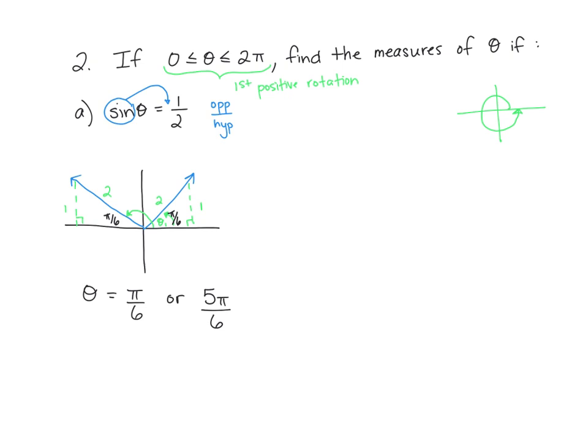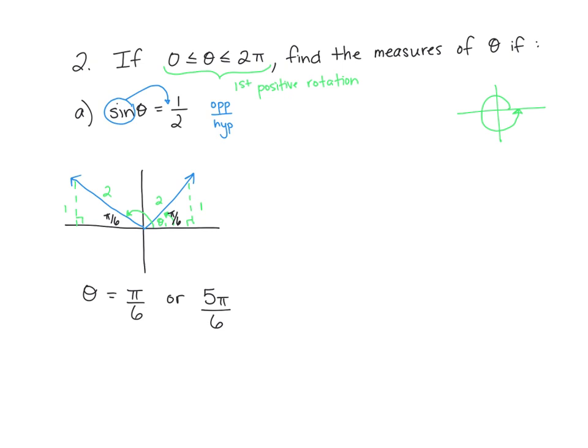So there are two possible angles that when I take sine of those angles, I get a ratio of 1/2. So you could type sine of pi by 6 into your calculator and you would get a ratio of 1/2. You could type sine 5 pi by 6 into your calculator and you would get a ratio of 1/2.